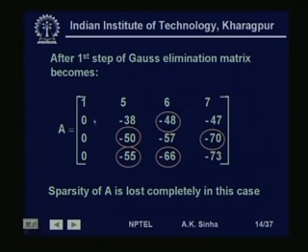That is, instead of a sparse matrix, now we have a completely full matrix. That means sparsity is lost because we get a large number of fill-ins in this case.